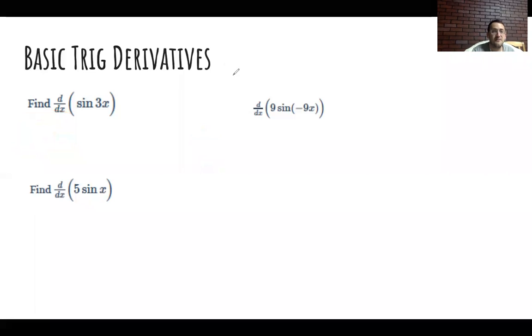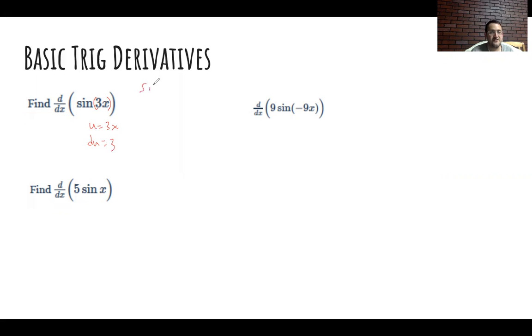Okay, let's actually get started with the basic trig derivatives. Trig derivatives nicely lend themselves to chain rule, believe it or not. So when we say sine of 3x, the 3x is the giveaway for our u. That means our du is equal to 3.